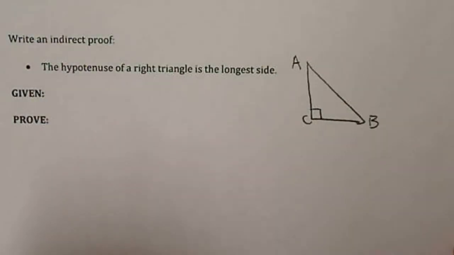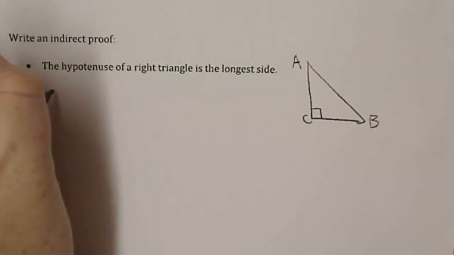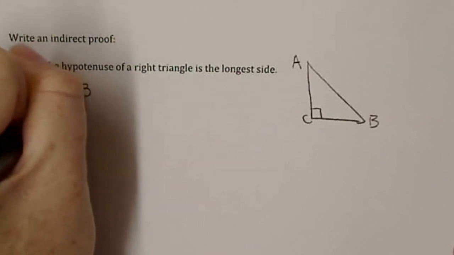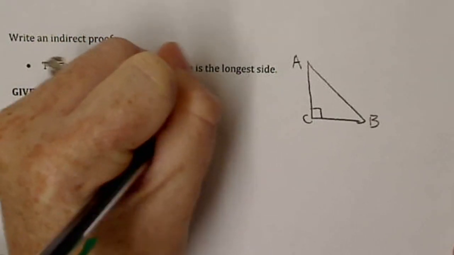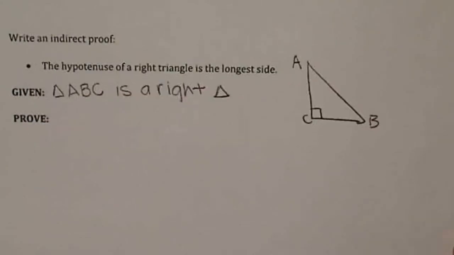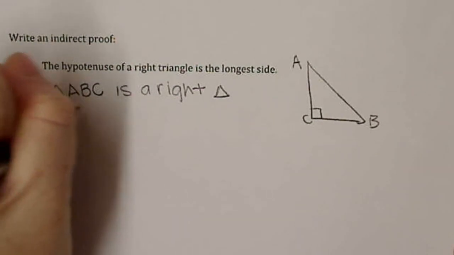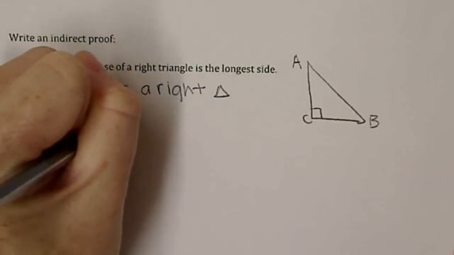I will start you off with the given, and that given is triangle ABC is a right triangle. I'm also going to tell you angle C is a right angle.